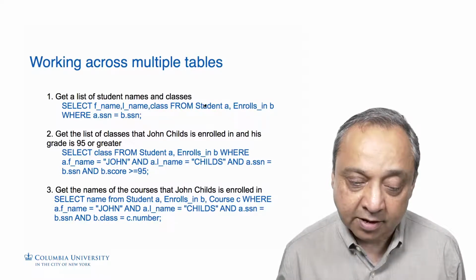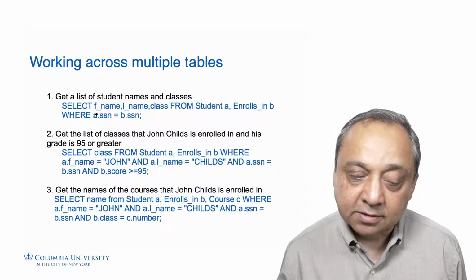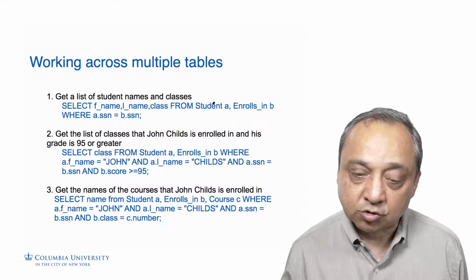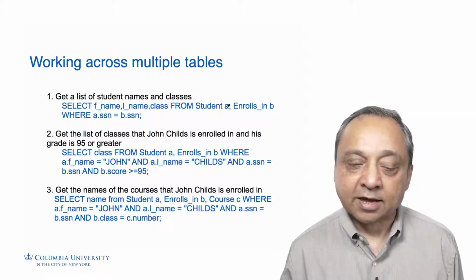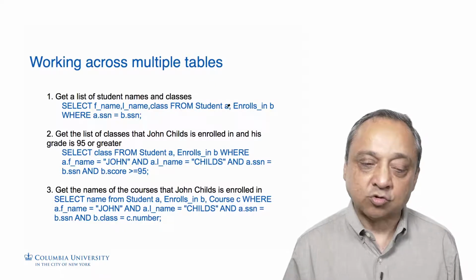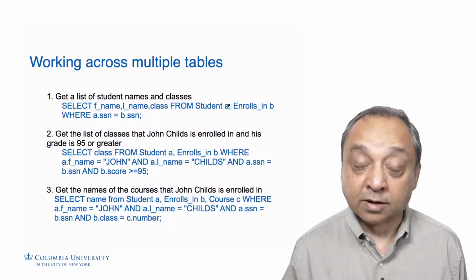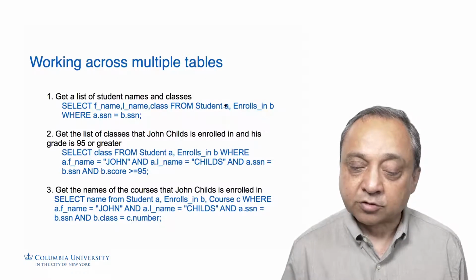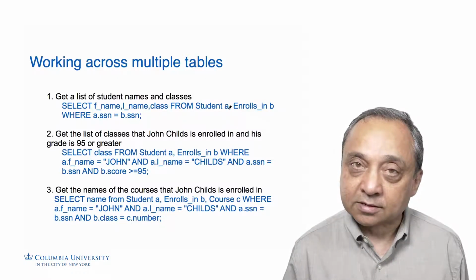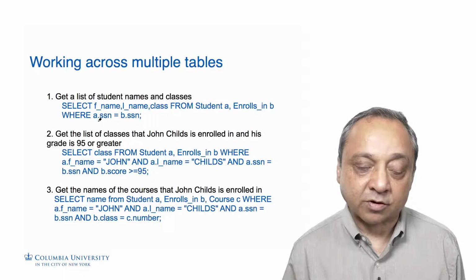And notice that I have an additional thing here called A and B. What I'm saying is choose these columns from the table student, but give it an alias A. The idea here is that you just want to make typing easier. You don't want to keep saying student.ssn. You might have multiple cases of student and multiple fields we're drawing from it. So rather than having to keep typing the name of the table, I'm going to use the alias A or the alias B, and that's what I'm doing over here.